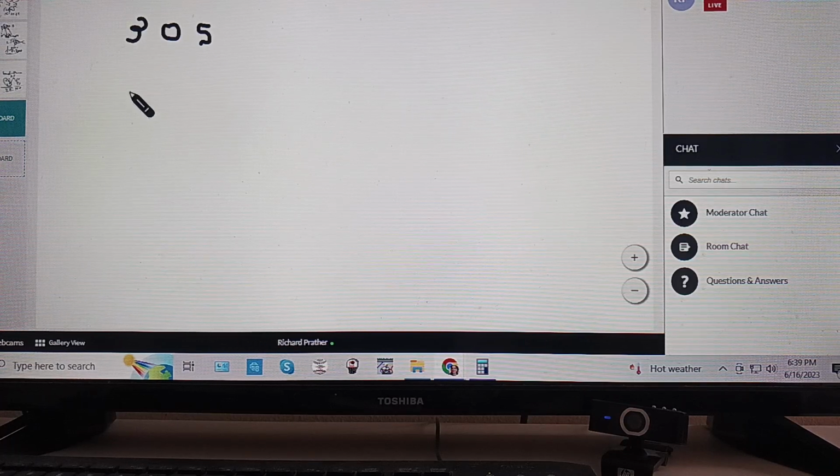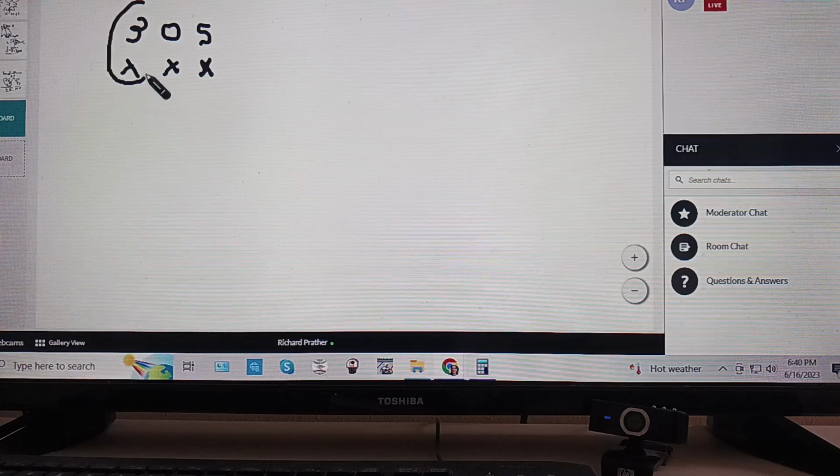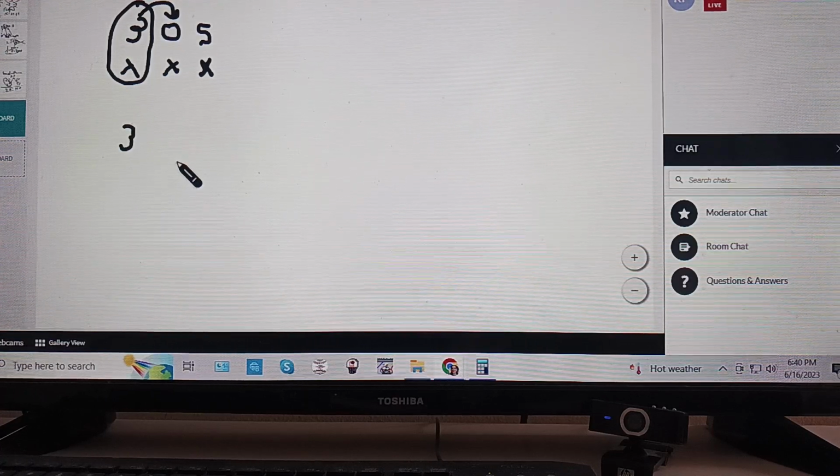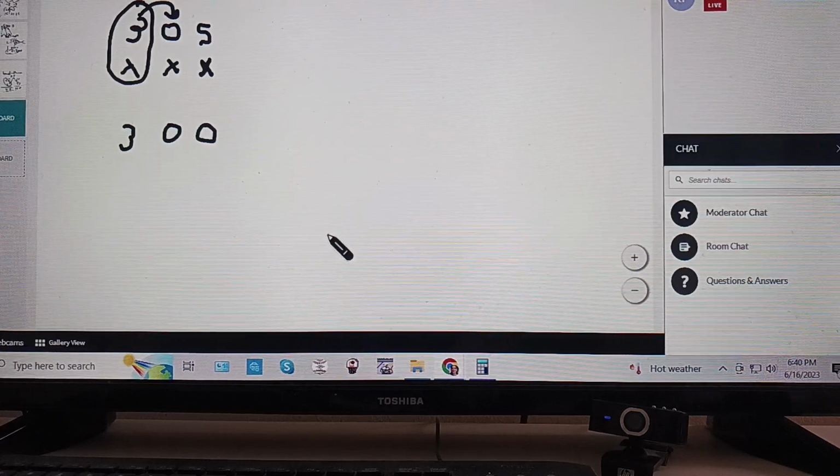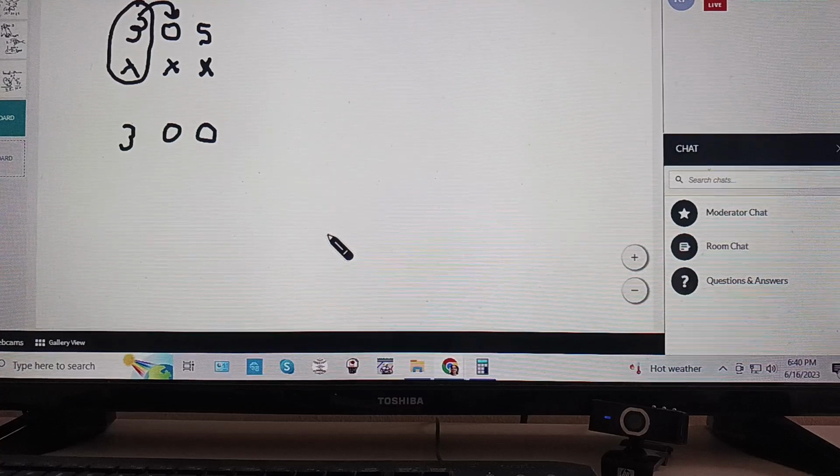If you're rounding to the nearest 100, ones, tens, and hundreds right there. I'm trying to round to this number. The next digit is not 5 or higher, so I leave that as a 3. And this is without the decimals. This is where you put all zeros in the back. So $300 is the closest 100 to 305.